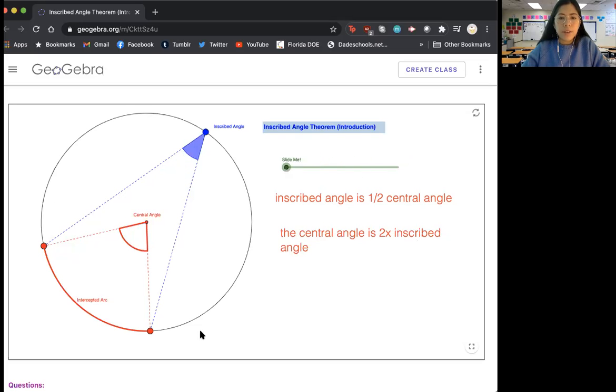Now, here's another question for everybody, and I want everyone to watch. Does the inscribed angle change when I move it around? Does it change at all? Not at all.